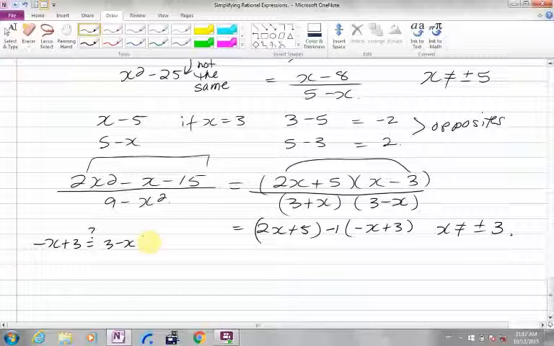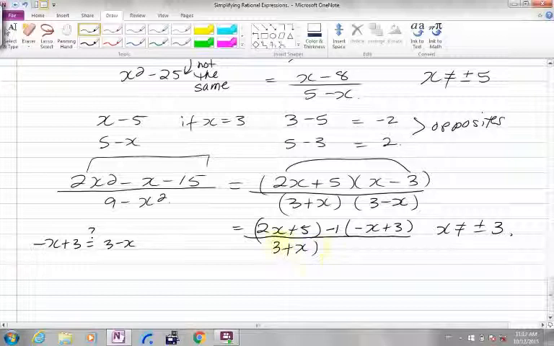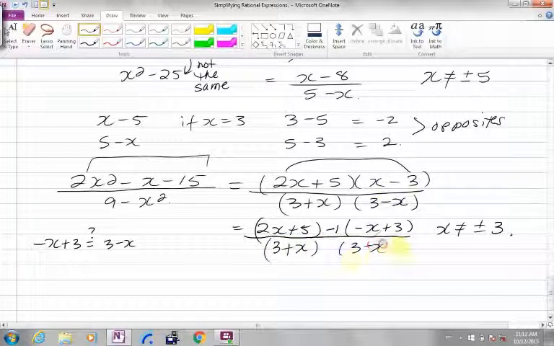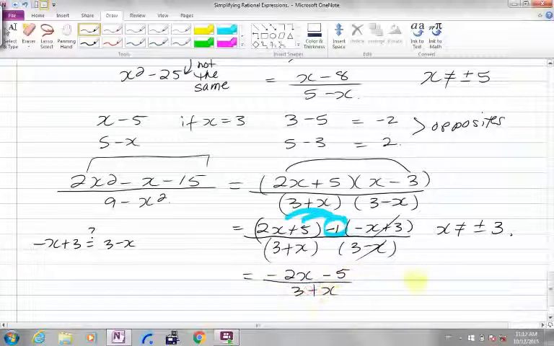So if I do that, then I can now divide out the 3 minus x's. But I can't forget that I have this extra negative 1 factor in there. So what I'm going to do is multiply it into the numerator. So my final answer would be negative 2x minus 5 over 3 plus x, where x is not equal to plus or minus 3.